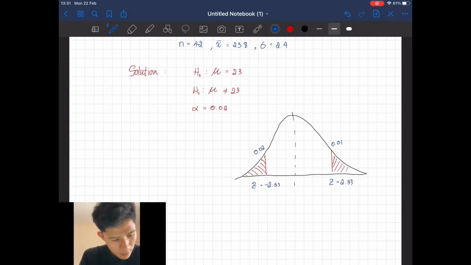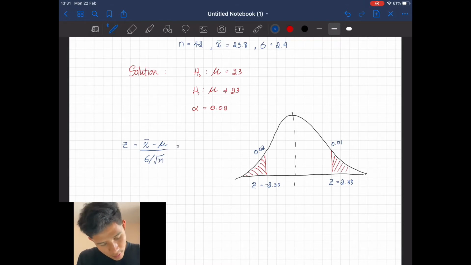Next step, C equal x bar minus mu divided by sigma divided by square root n, equal 23.8 minus 23 divided by 2.4 divided by square root 42. So C equal 2.16.